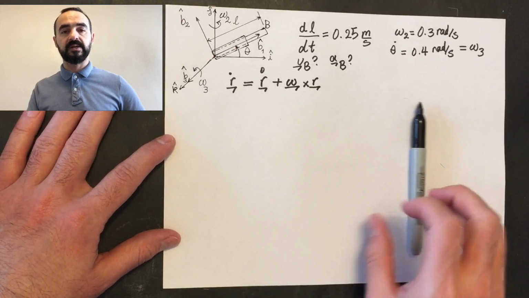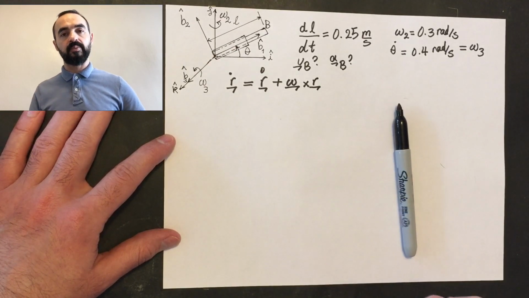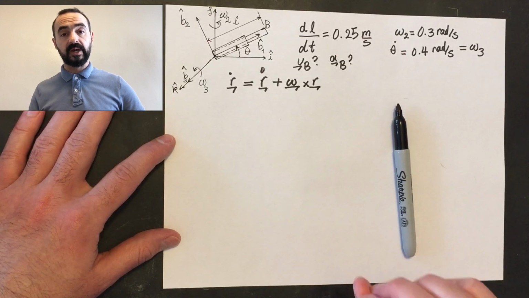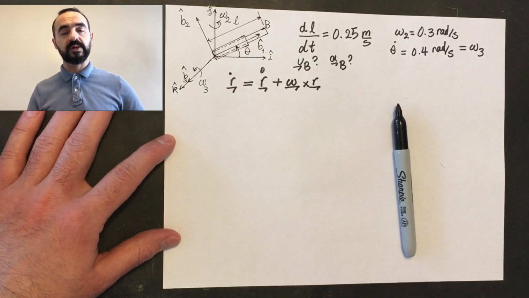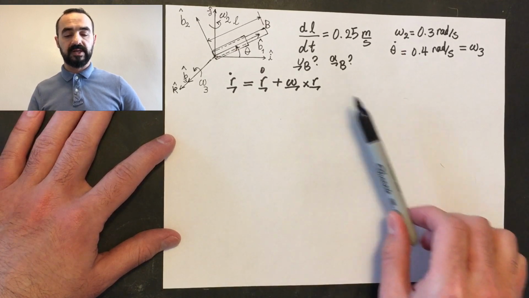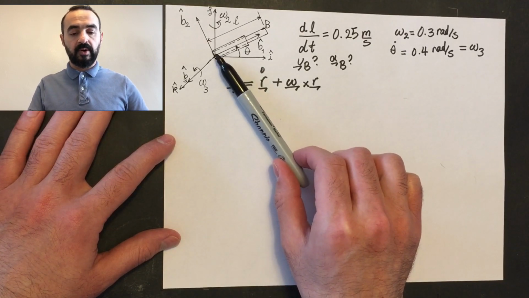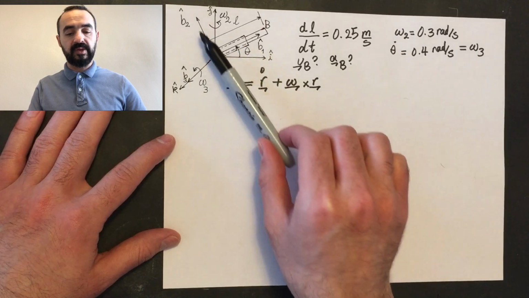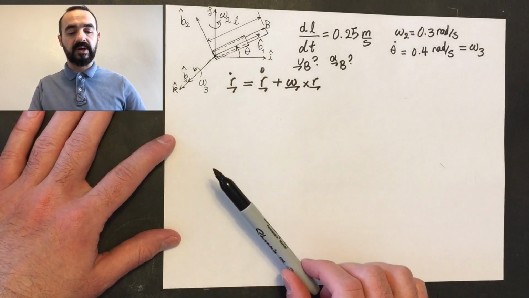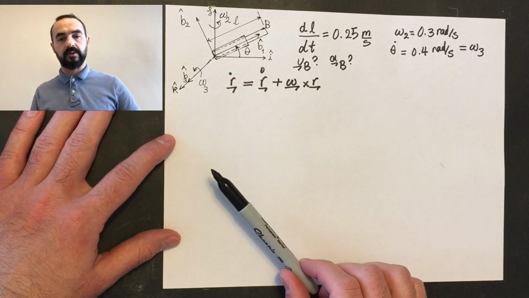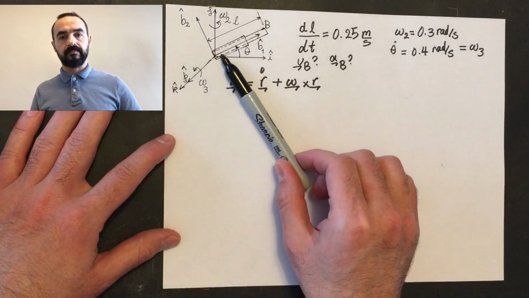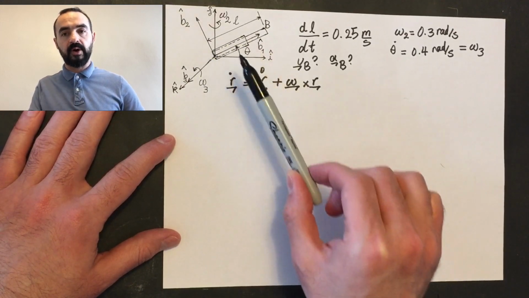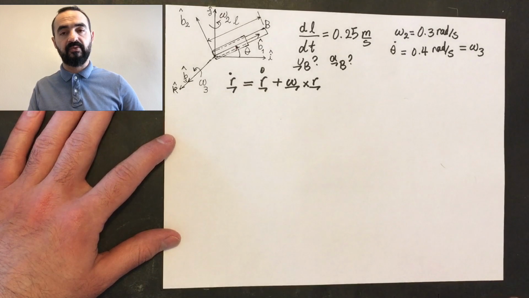R circle is the velocity of point B with respect to our secondary frame, the body attached frame. My body attached frame was b1 hat, b2 hat, and b3 hat. This frame, as the body rotates, is attached to the body.